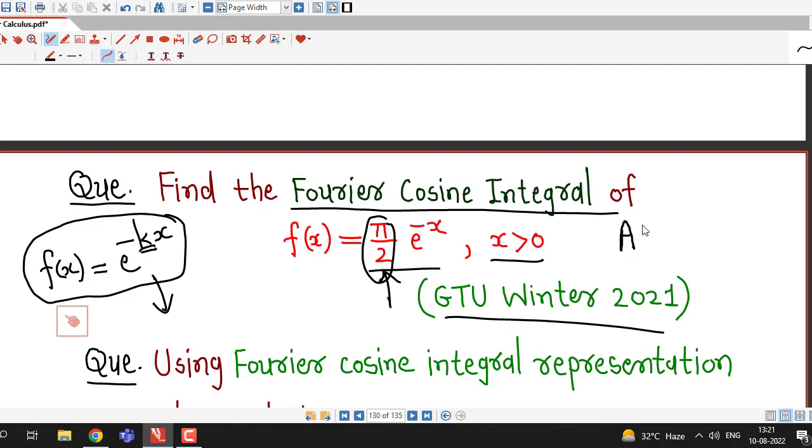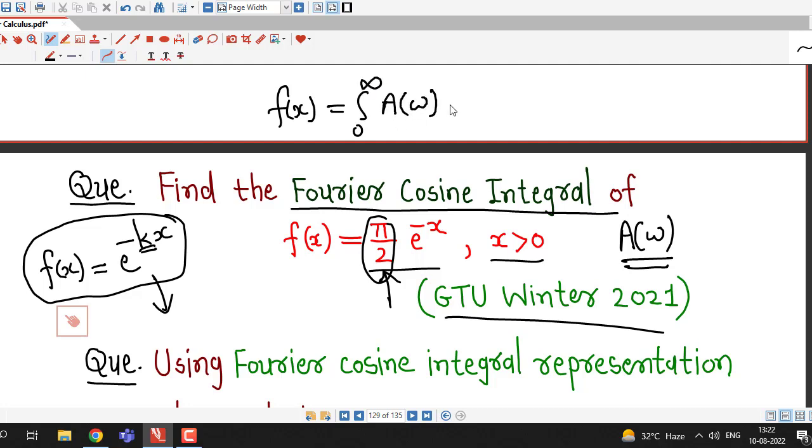You have to decide what is your a omega, and once you obtain a omega, you can use the formula of Fourier cosine integral as integral from 0 to infinity a omega cos omega x d omega. And if you are not able to find out this, you can ask me in comment section. We will upload video for this question also.